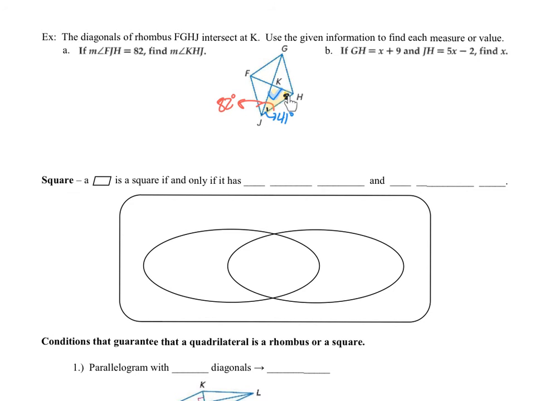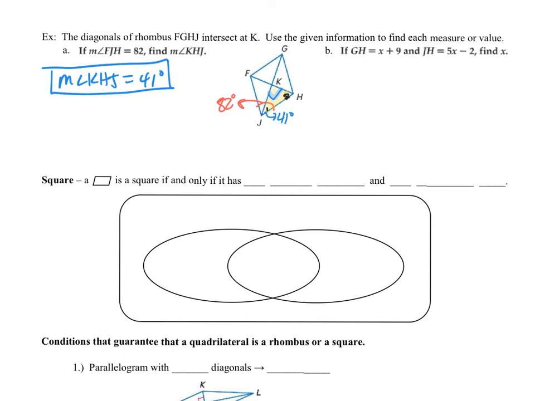And so angle 2 then, which is angle KHJ, which we're being asked to find, is the complement of this 41 degree angle. So that means that the measure of angle KHJ then is equal to 41 degrees.